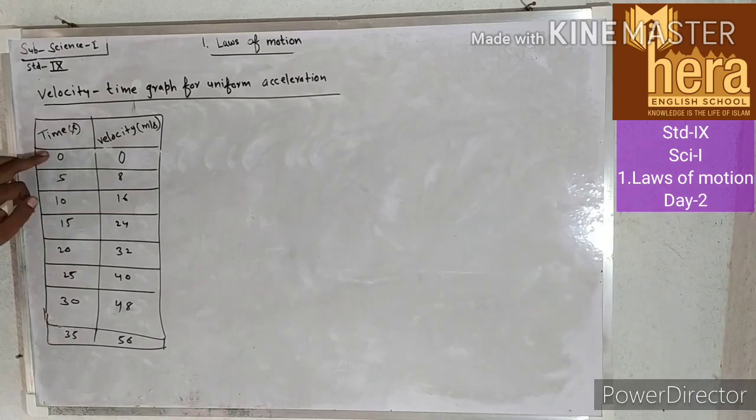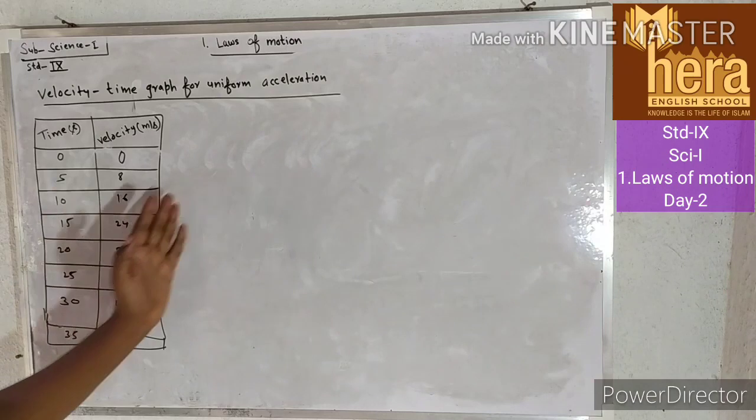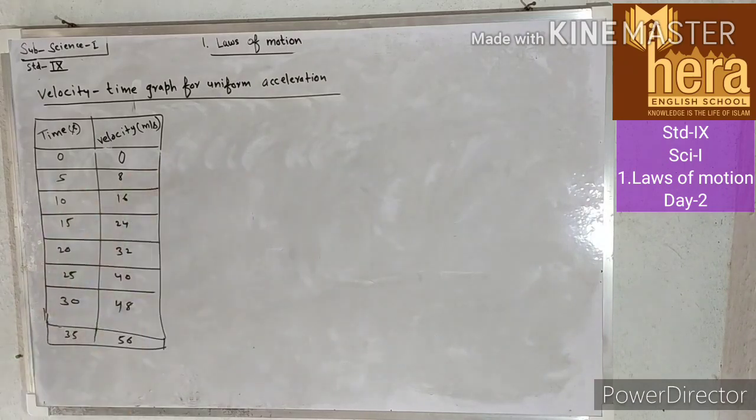So again we have to plot the graph. The change in the velocity of a car in a specific time interval are given in the table. I have told you how to plot a graph. This is 56.